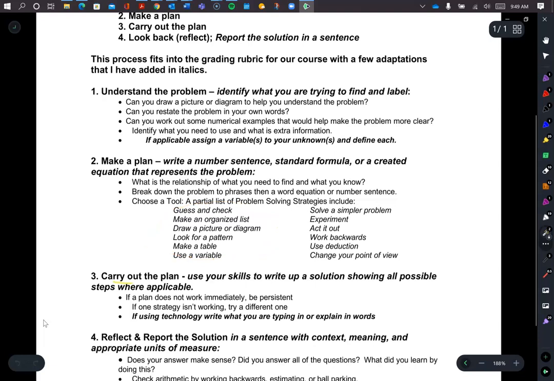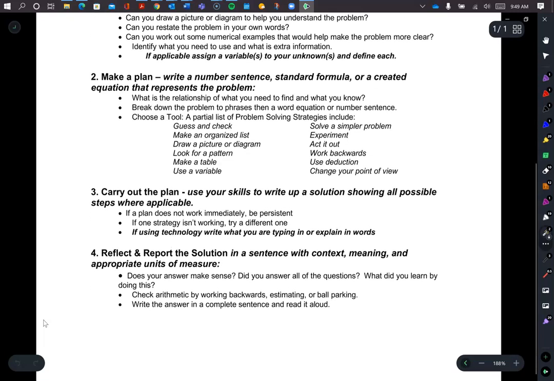Carry out the plan. Use your skills to write up a solution showing all possible steps where applicable. Whatever you're doing, maybe it's an equation that you wrote up, you have to solve that out and show the steps as you've been doing. If it's more of a number sentence or just computations, you can maybe use your calculator, but you have to write out what you're typing into your calculator so that the reader can see it and know what's going on in the problem.